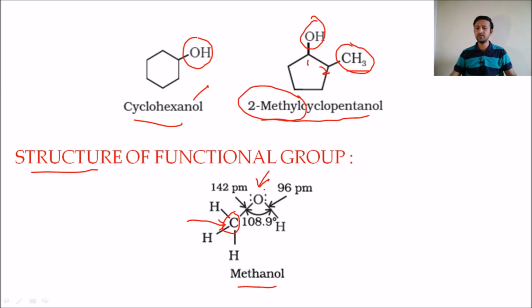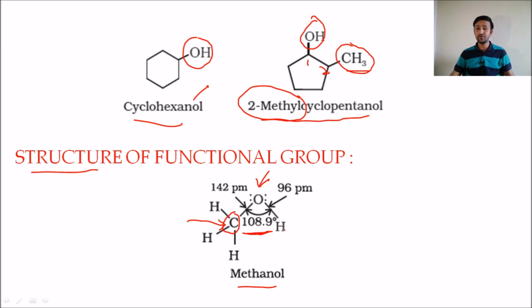Now if we take an sp3 hybridized carbon atom as well as other atoms, we expect the normal tetrahedral bond angle, and we all know the normal tetrahedral bond angle is 109 degree 28 minutes, right? But you can see here the bond angle is 108.9 degree, so slightly less compared to the expected normal tetrahedral bond angle.